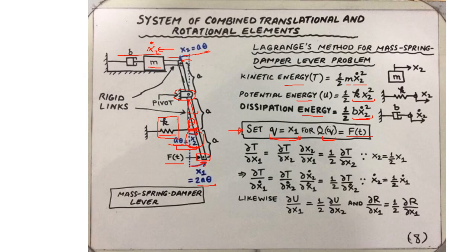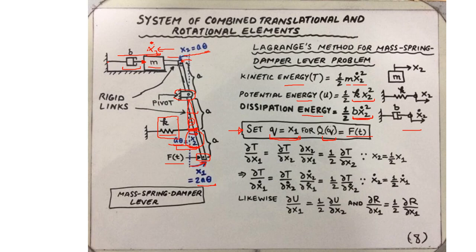And the dissipation energy, this might be new to you, is basically half times the damping constant b times the velocity of the damper, which is the same as the velocity of the mass, because the other end of the damper is fixed. So the only motion on the damper is on its right terminal where the mass is connected, where the velocity is x2 dot. So that's half b x2 dot square.